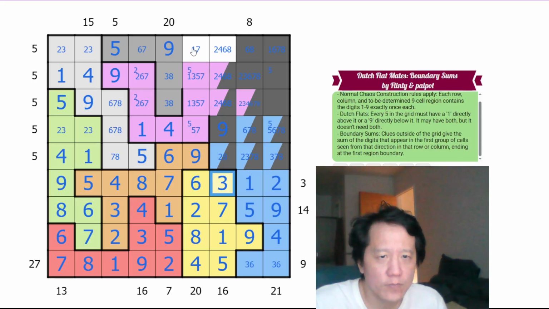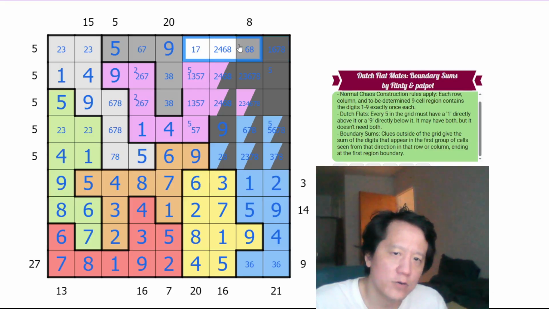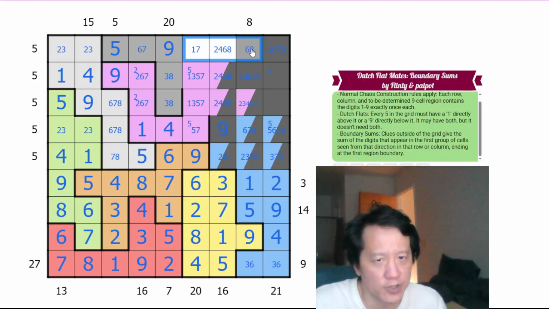Medium can go 1, 2, 3, 4. Cannot go 1, 2, 3, 4. It can go 1, 2, 3 here, right? Or go this way.